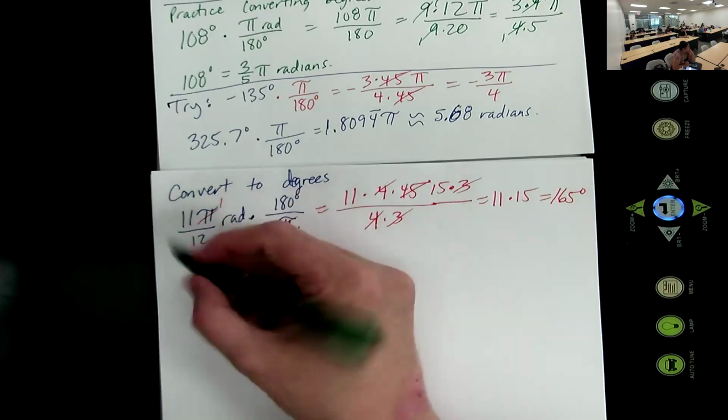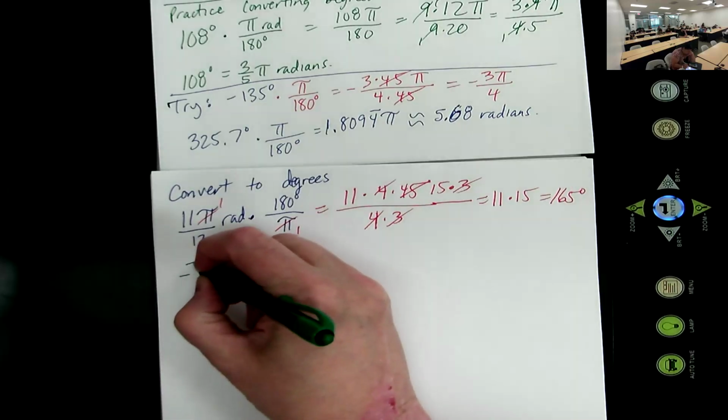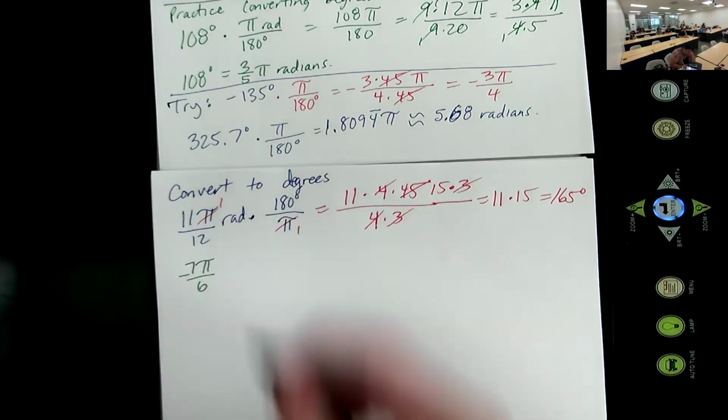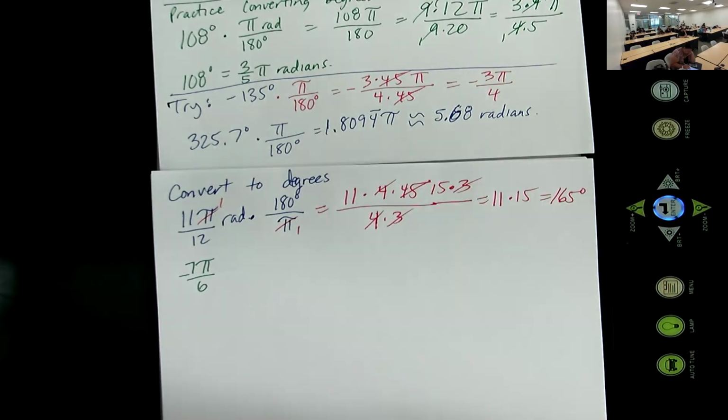Why don't you guys try -7 pi over 6? And maybe -2.92.